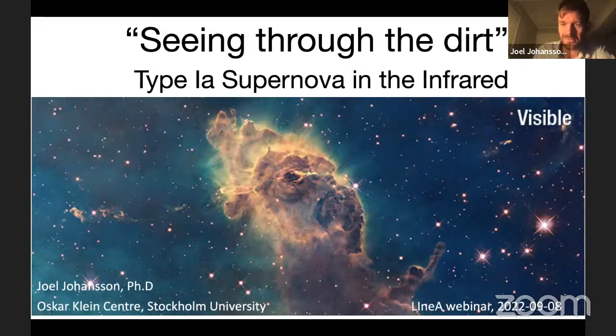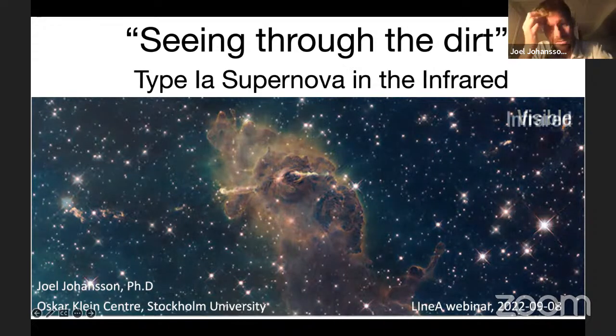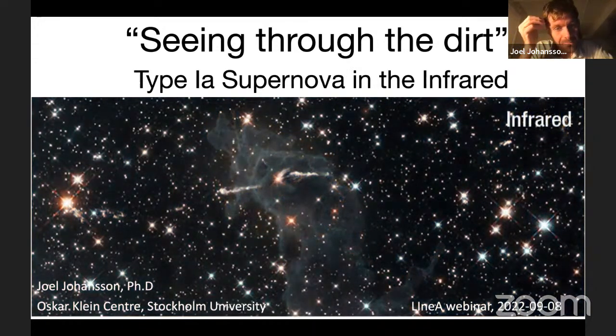But if you switch from visible light to the infrared, progressively these beautiful colors from the intervening dust disappear, but you also start to notice background stars that you couldn't see before. So that's one of the basic things with cosmic dust. It preferentially reddens and attenuates light at shorter wavelengths more, and dust is more transparent to infrared light.